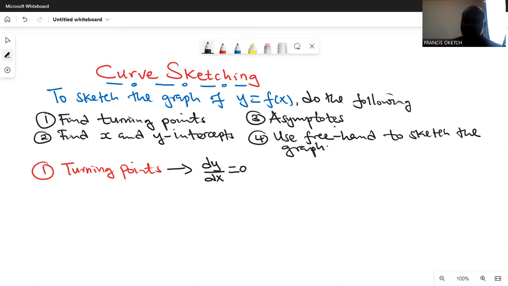So turning points can be classified into three categories. We can have a maximum point, a minimum point, and a point of inflection. So there are three types of turning points.